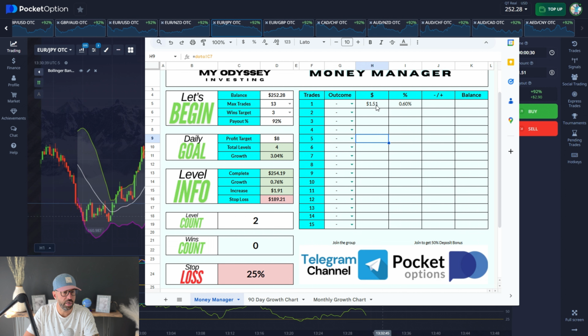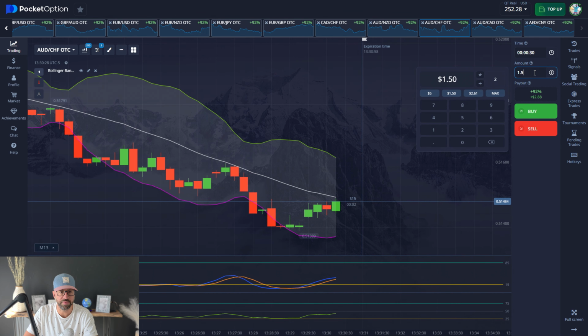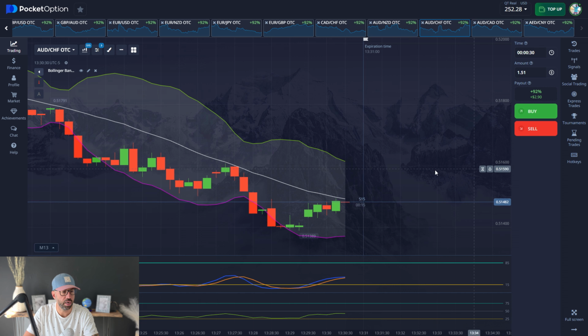Now, $1.51 is our new trading amount for our 3rd level. Remember, we got to get to 4 levels for approximately 3% growth. It's going to be off a little bit because we're not able to trade that 2nd or 3rd trade to get us that full percentage. But either way, we're going to show you what a winning day looks like. So we have $1.51 now because that's our new trade.